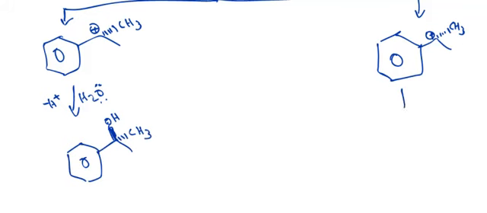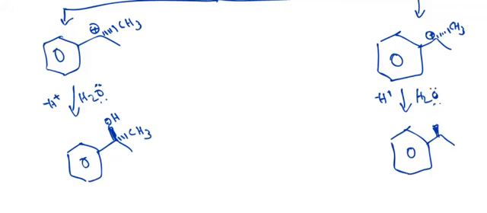If it is attacking from downside, minus H plus, which it is using from water, then methyl will be on top and OH will be down. So here we are getting the retention product, and here the inversion product.